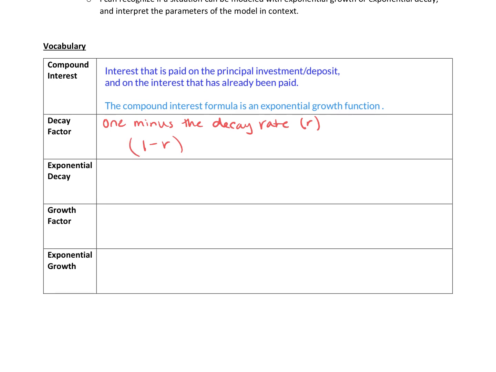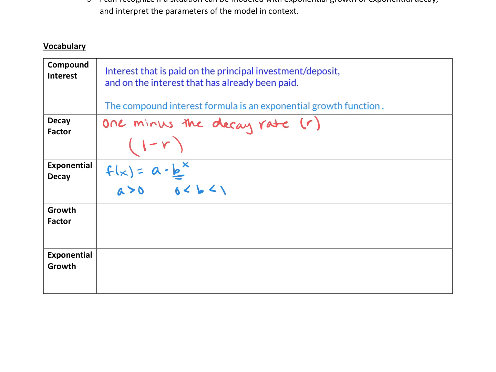All right, exponential decay. So we know that exponential functions can be written f of x equals a times b to the x. For it to be an exponential decay, our a value will be greater than 0, and our b value is going to be between 0 and 1.